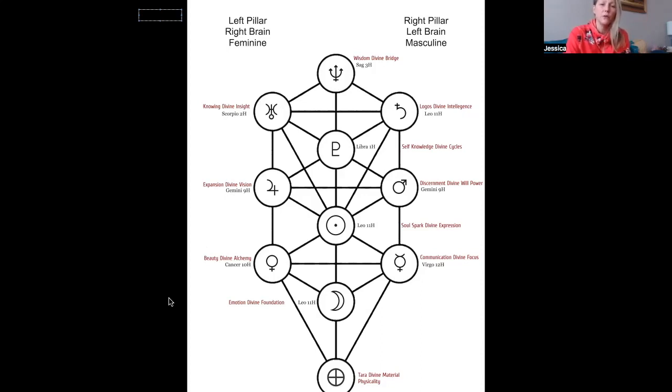What is it connected to? What is it trying to tell me? So that's the advice that I have for working in this lower sphere, really looking at each one and then finding the keys.